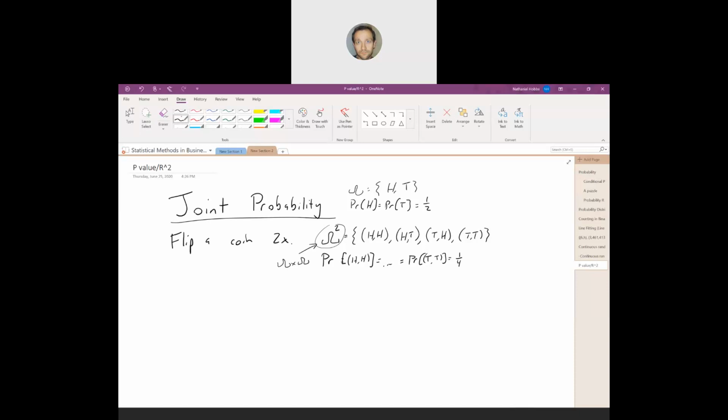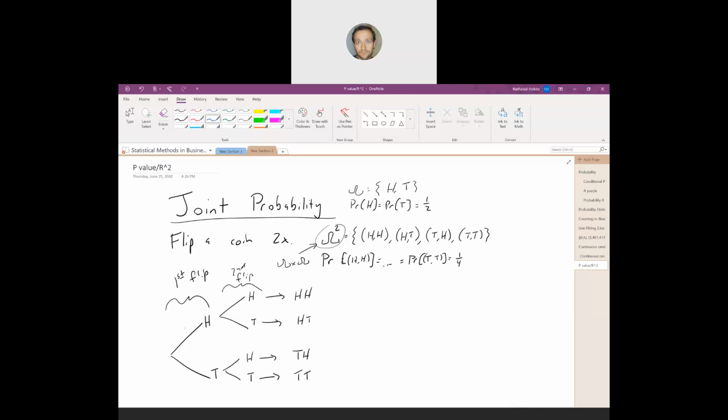So another way you could think about building this is with a tree, where this is your first flip. You can get a heads or a tails. And on your second flip, you could get a heads or a tails, where this corresponds to heads, heads, this corresponds to heads, tails, this corresponds to tails, heads, this corresponds to tails, tails.